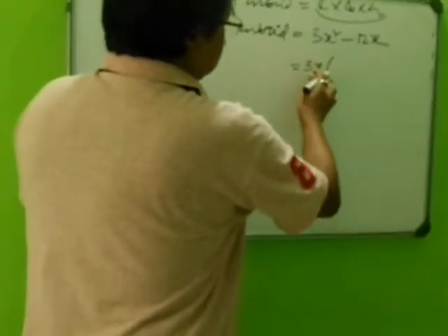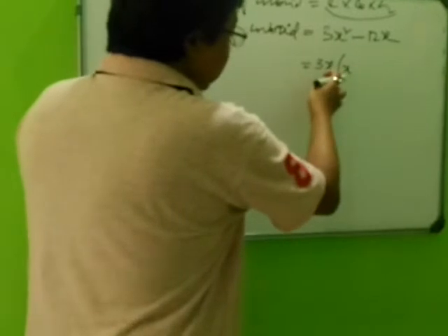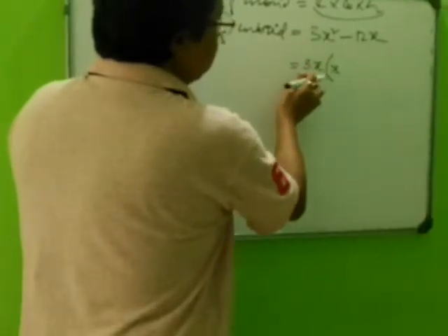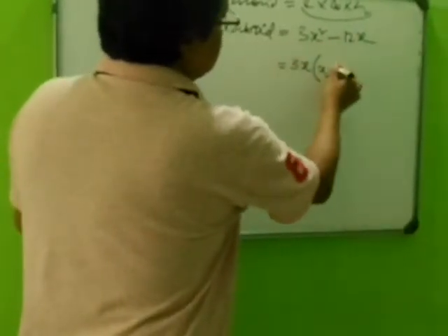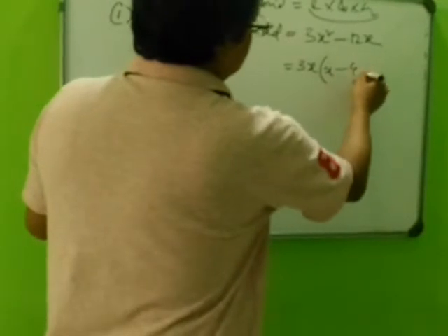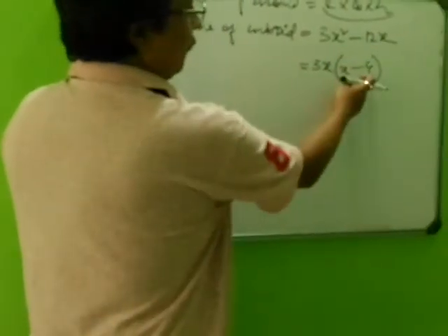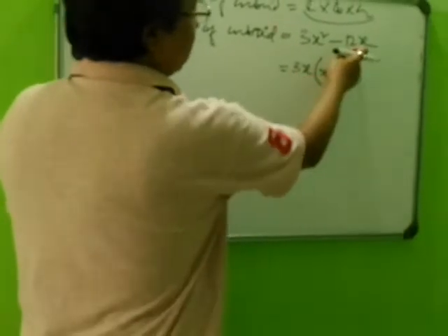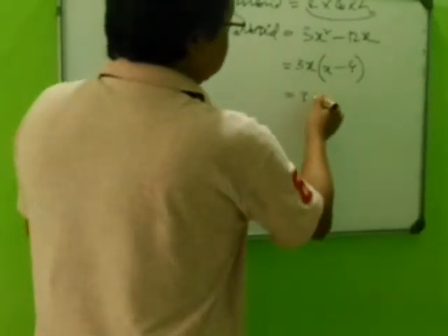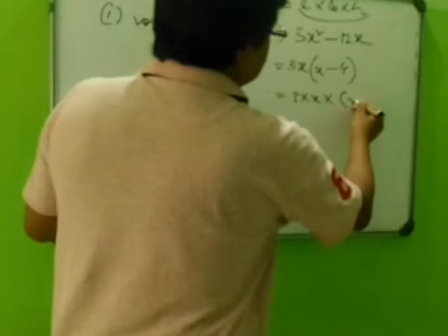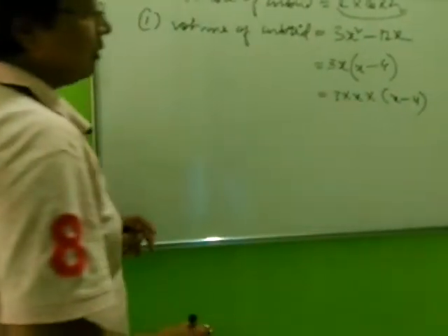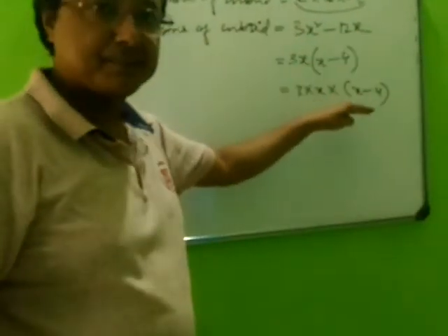Now x into x squared, so 3x squared minus 4 into 3x, 12x. So that means 3x into x minus 4. After this we can simplify.